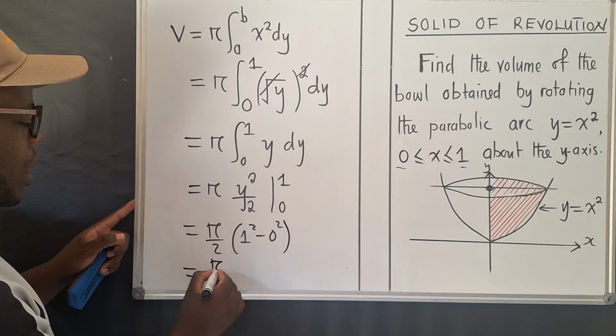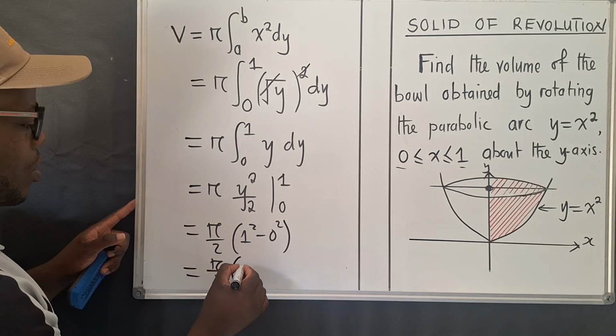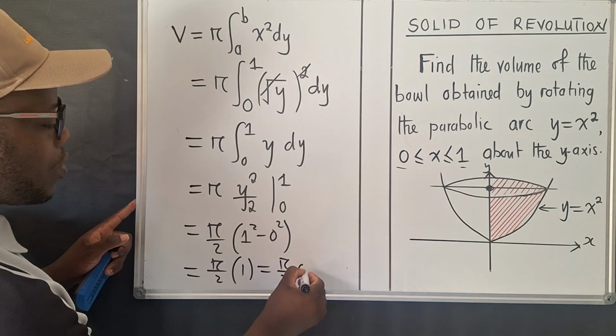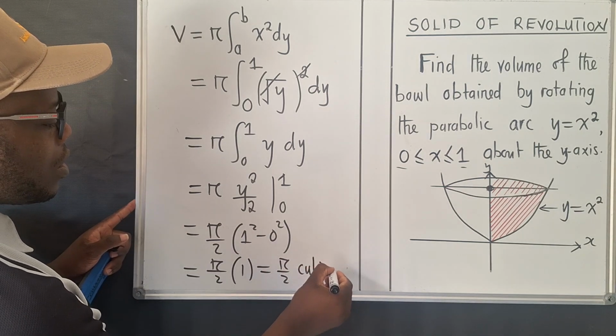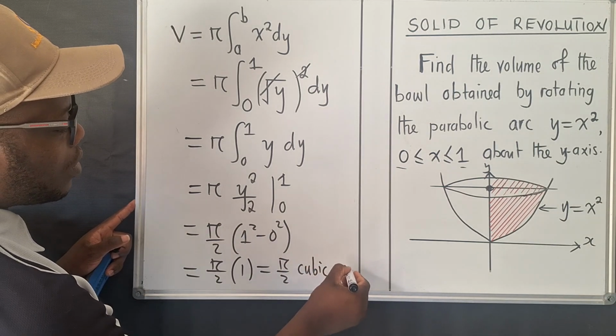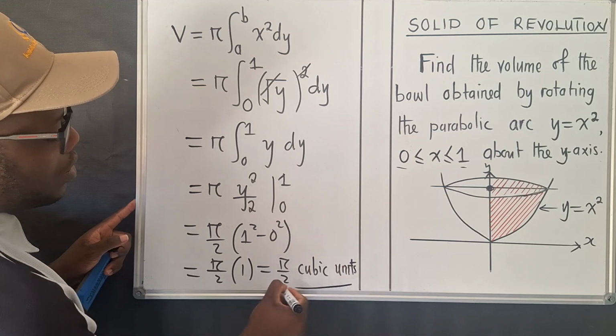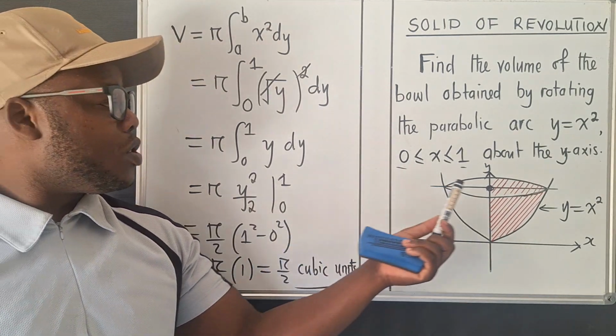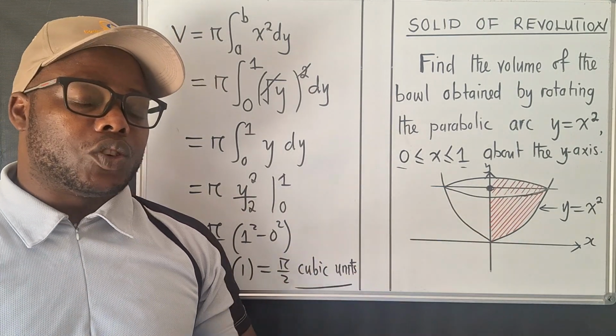This will be pi over 2, and then here we shall have a 1, which is equal to pi over 2 cubic units. So that's the volume. This is how we find the volume over this region right here.